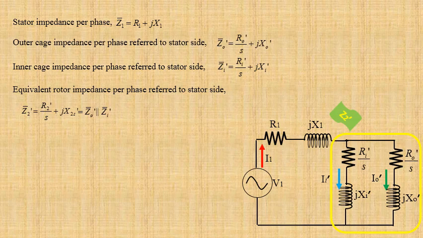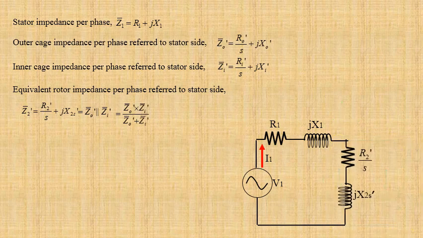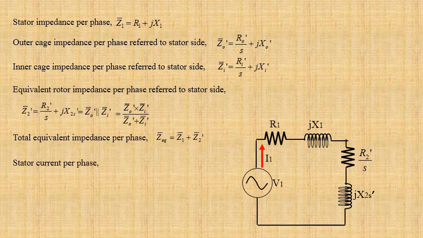This may be written as Z0' into Zi' divided by Z0' plus Zi'. Total equivalent impedance per phase ZDQ equals Z1 plus Z2'. Stator current per phase I1 equals V1 by ZDQ, where V1 is the applied stator voltage per phase.